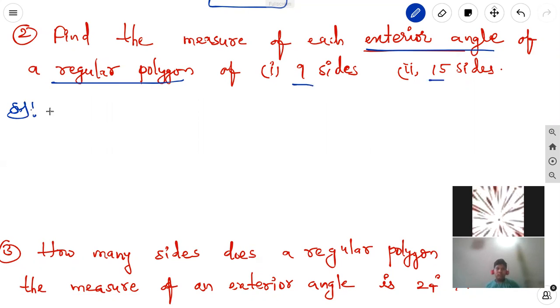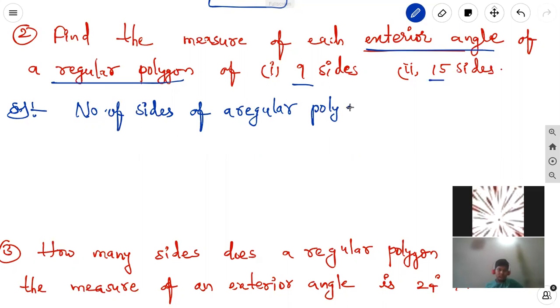Here they have given the number of sides, so we want to find out the exterior angle.